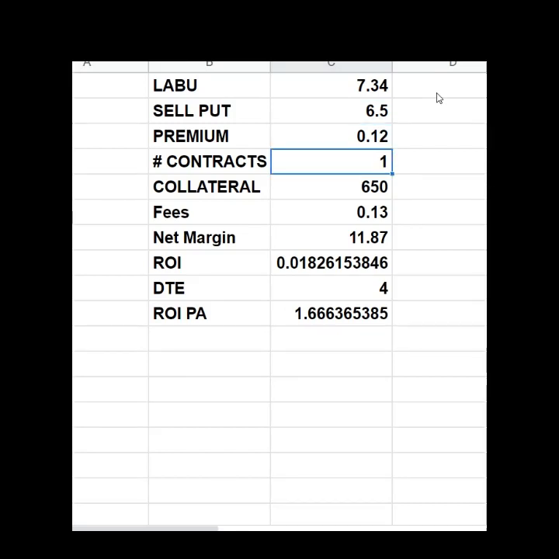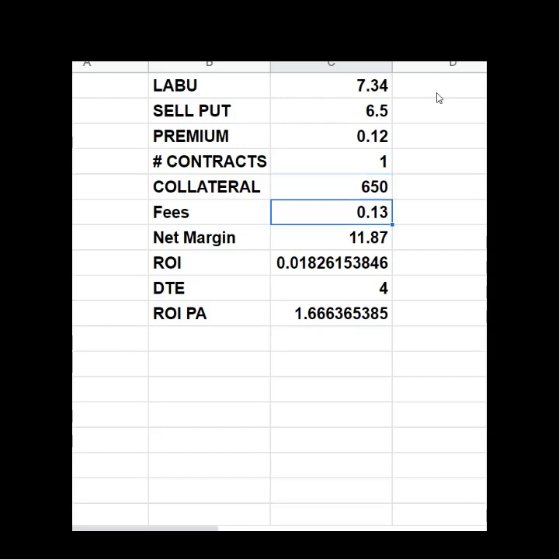And the number of contracts we're looking at is 1. This means that our collateral is $650, which is the strike price of $6.50 multiplied by 100 shares.